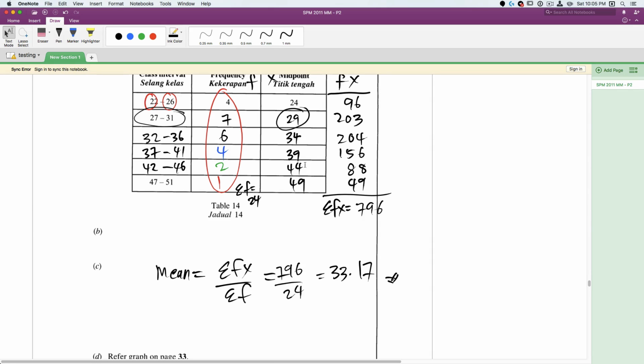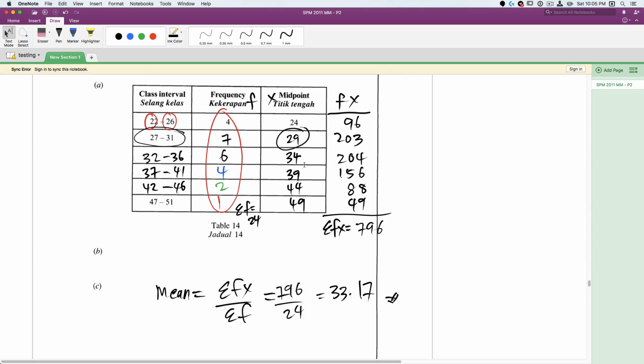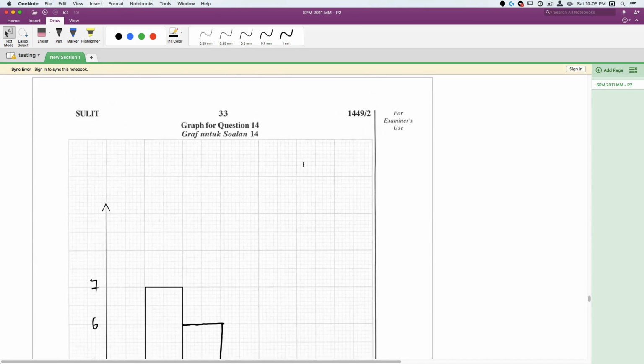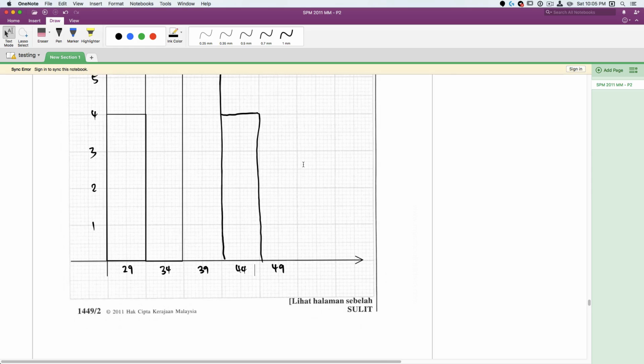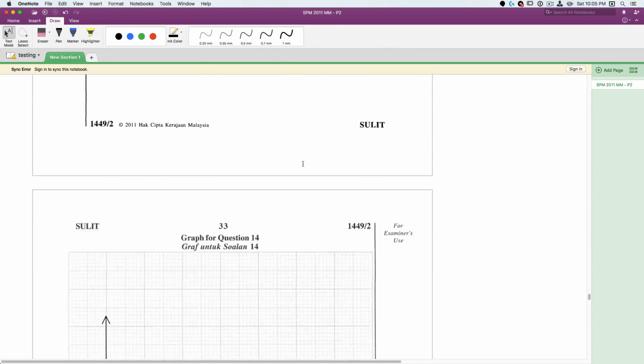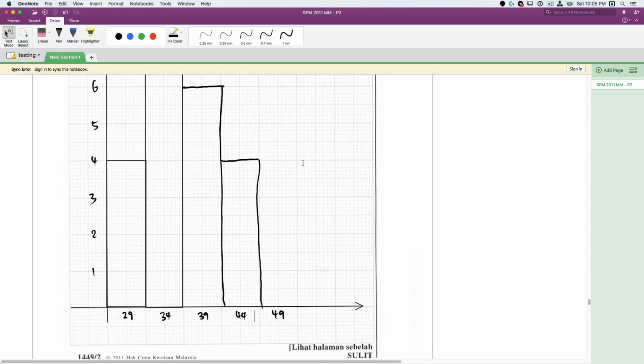Yeah, 4, 7. Did I miss 24? Ah, yes, I missed 24. No wonder I felt something was missing here.